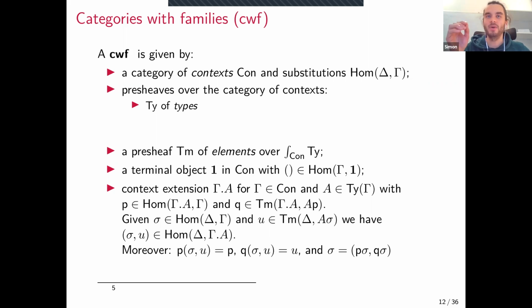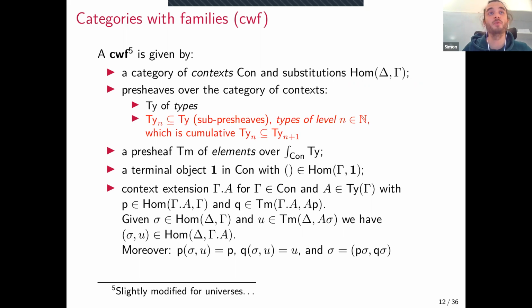So given a type, I can build a context which extends the current context by this particular type. Then I have the first and second projection, pretty standard, and I can extend the substitution, and there are some laws satisfied.